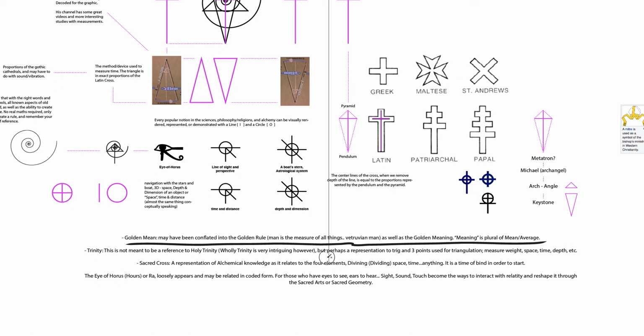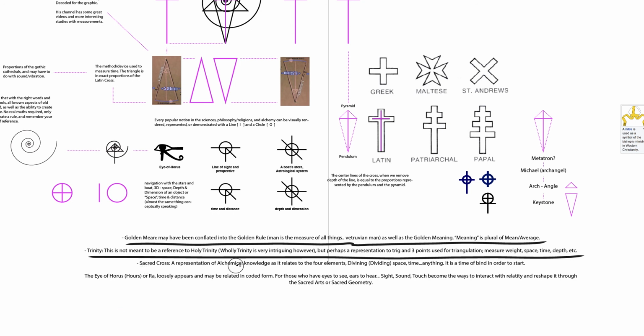Trinity is not meant to be a reference to the Holy Trinity, although with 3 points on any space or object, you can triangulate and begin to build your circle. In fact, 3 points gives you a lot of knowledge and information, and that's exactly what's used for sailing.